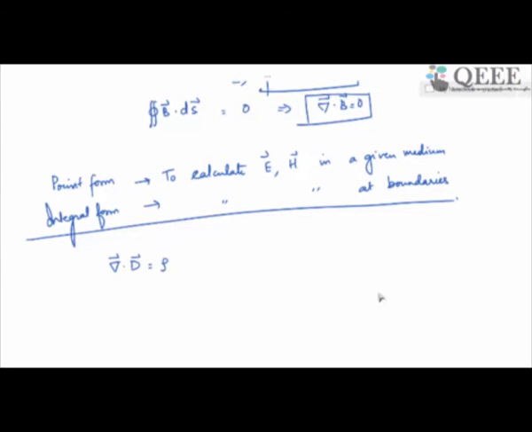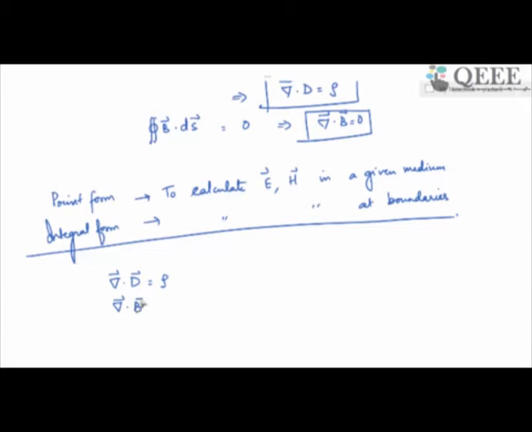Del dot D is rho, del dot B is 0, del cross E is minus del B by del t, del cross H is J plus del D by del t. Now, these are self consistent.